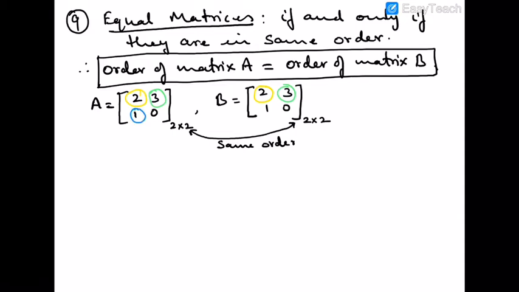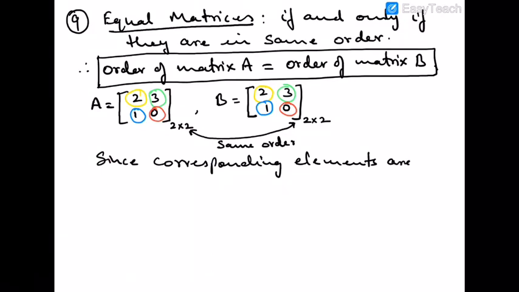And here 2 is equal to 2, 3 is 3, 1 is 1 and 0 is 0. So all their corresponding elements are equal and these two matrices are of the same order. Therefore A is equal to B.